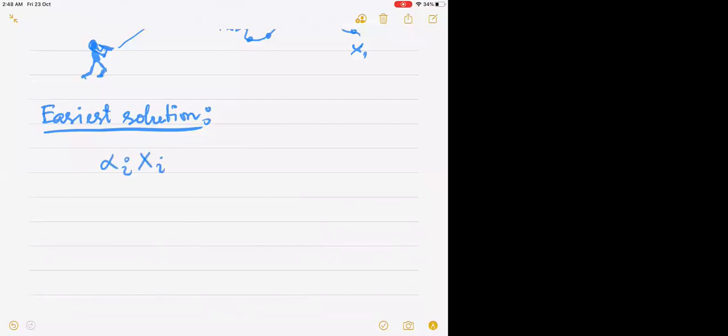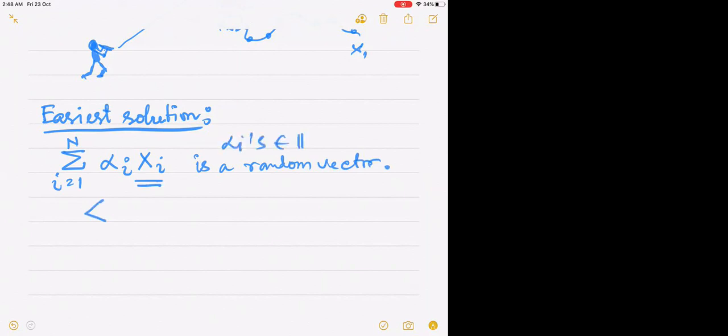So the sum of alpha i xi, i going from 1 to n, is a legitimate random vector. What does that tell us? That tells us that if I look at the span, where the alpha i's are real numbers, this span of x1 up to xn is a real vector space.